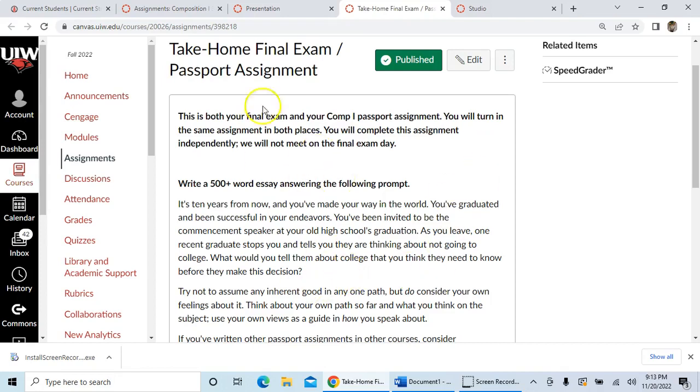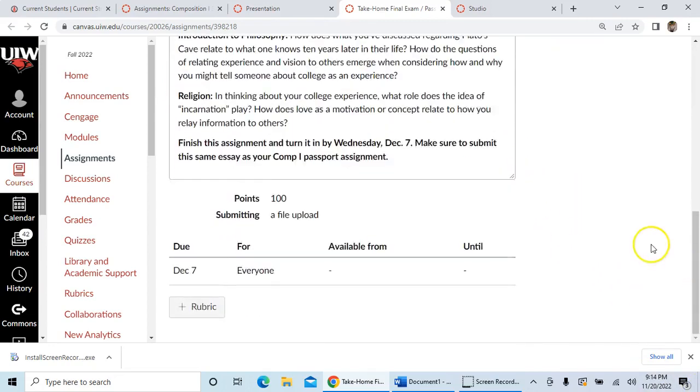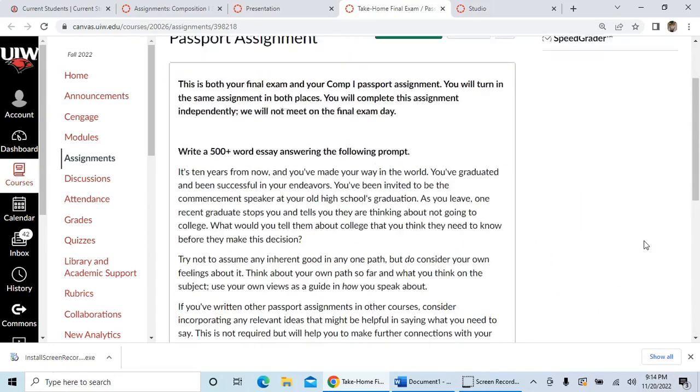But you will also turn this in as your final exam by next Wednesday. You will be able to do this assignment on your own. I'm not going to actually have us all meet for the final exam. This will be an essay that you could start today if you wanted to, and you just need to have finished by the 7th.